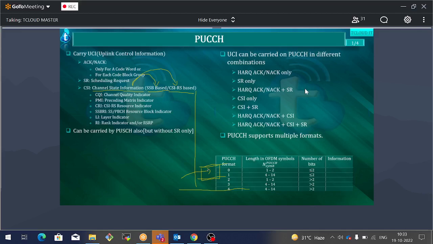So what are the advantages and disadvantages of CSI-RS based channel state information? First, the advantage: CSI-RS can spread over the entire bandwidth. The network, gNodeB, can decide if it wants mobile equipment to measure the CSI conditions of a particular subband.